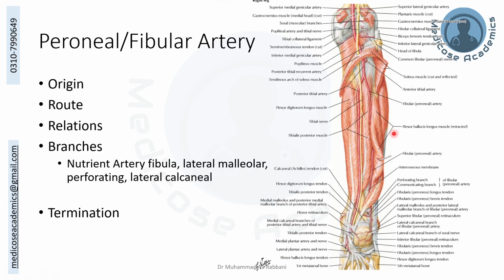It runs down all the way beneath the muscle to the lower end, and it ends by giving the terminal branches. It gives rise to the nutrient artery of the fibula, numerous muscular branches, the perforating branches going to the lateral compartment, the last perforating branch going into the anterior compartment, and then the lateral malleolar and lateral calcaneal branches. Let us see them here.